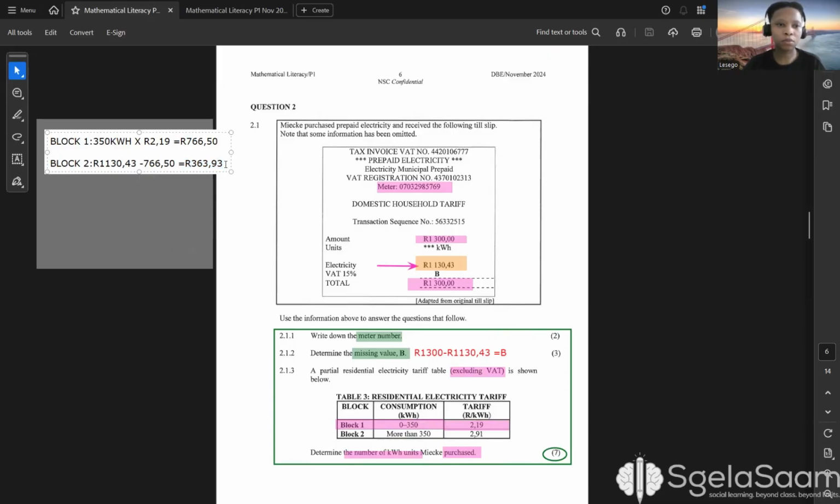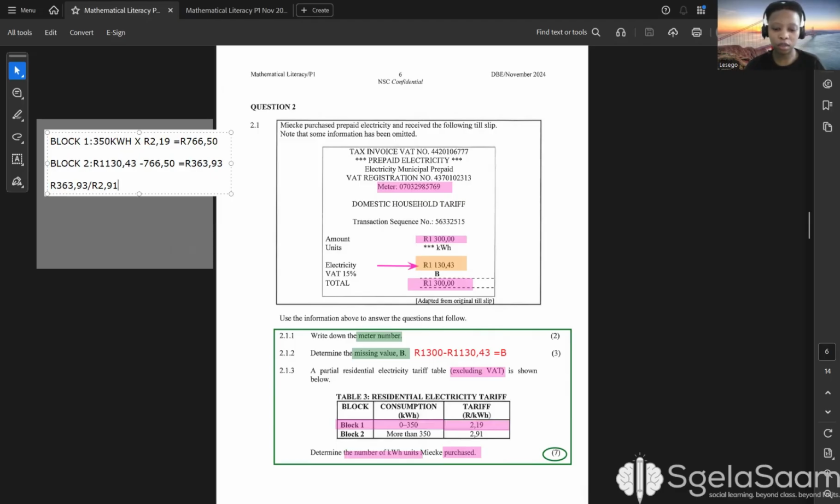All right, so we're gonna move on. So 363,93. So this falls under block 2, but we don't know how many kilowatts per hour this is. So we need to divide it by the cost, which is the tariff, which is 2 Rand, comma 91 to find out how many kilowatts were actually used.